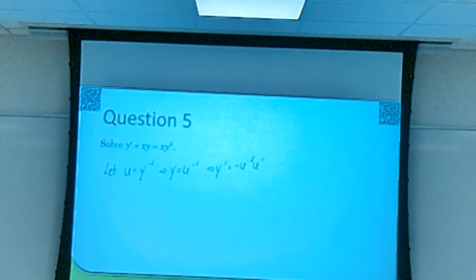Then take its derivative, negative u to the minus 2, and then chain rule times u prime. Now make the substitution into the equation. And what you should find is once you make that substitution, you get a linear equation in u.